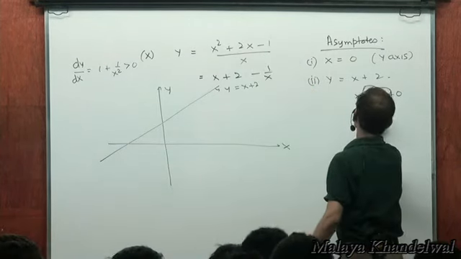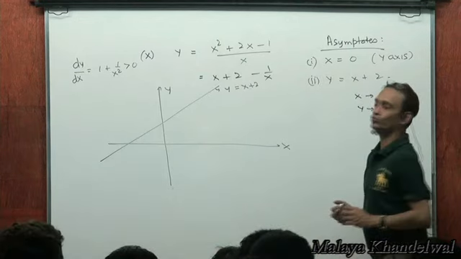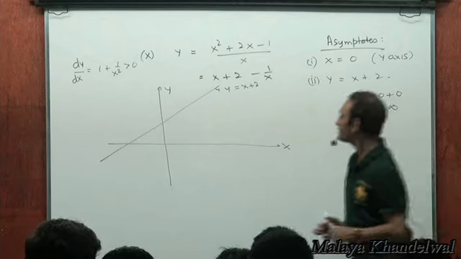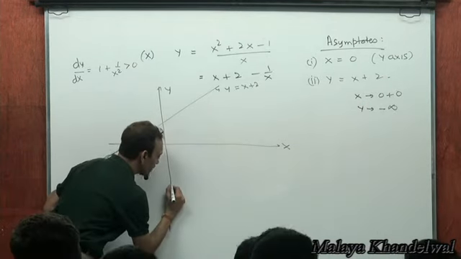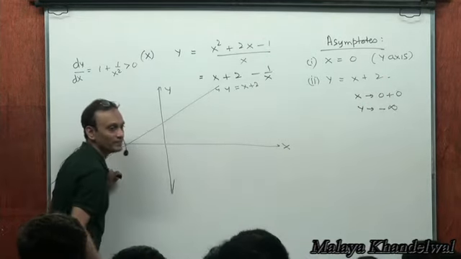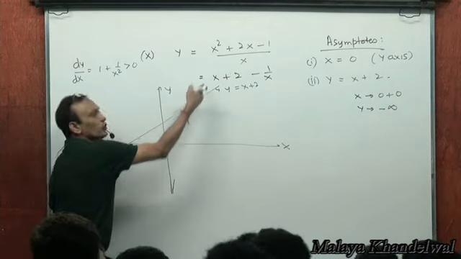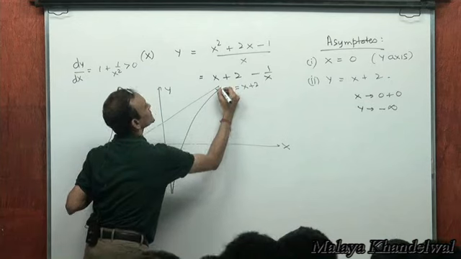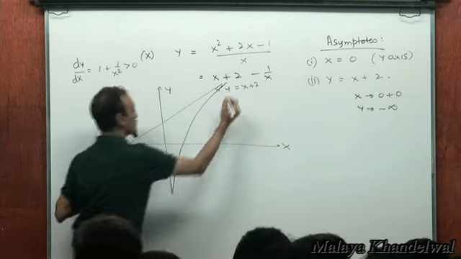So y tends to minus infinity. No other turning point, it's going to go on increasing. This is how it goes.